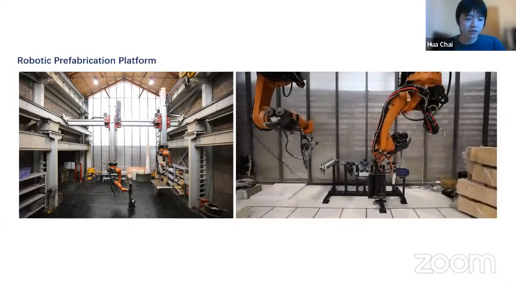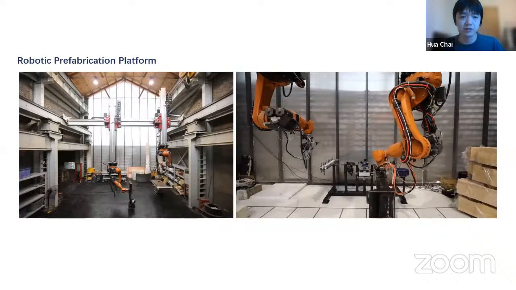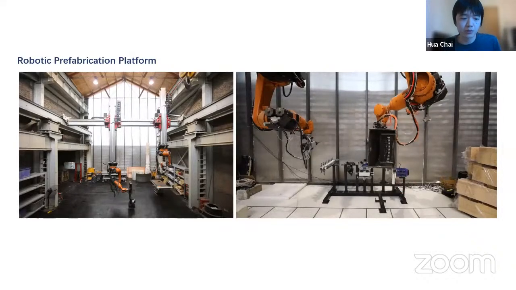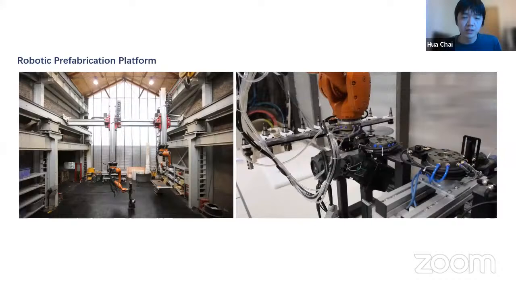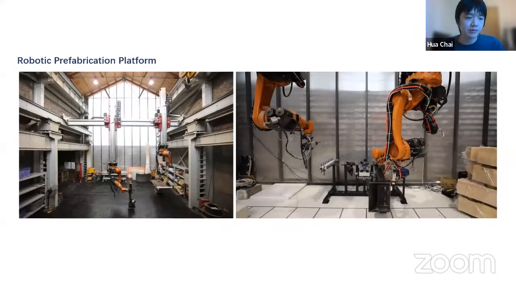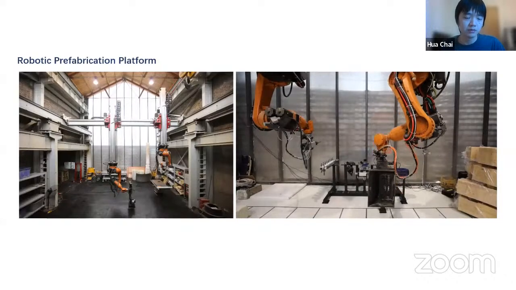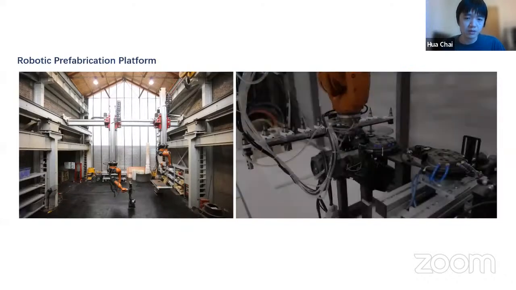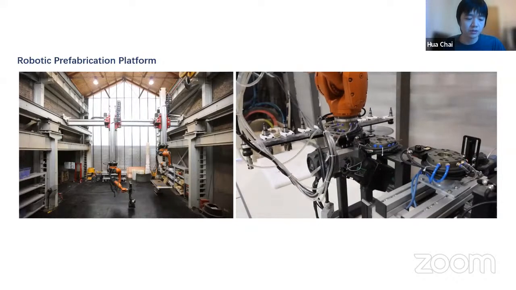Also, a set of robotic timber fabrication and processing tools is equipped as a tool library, including a gripper with automated nail gun, a universal milling spindle, a chainsaw module, and also a bandsaw module.